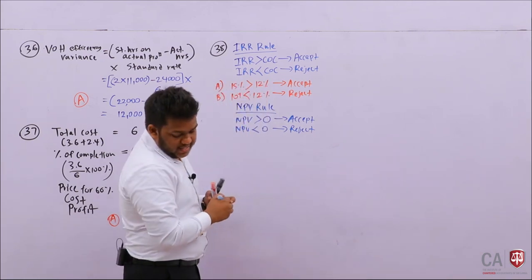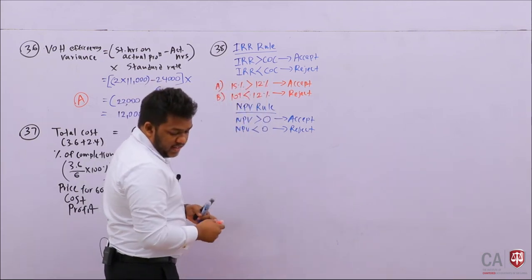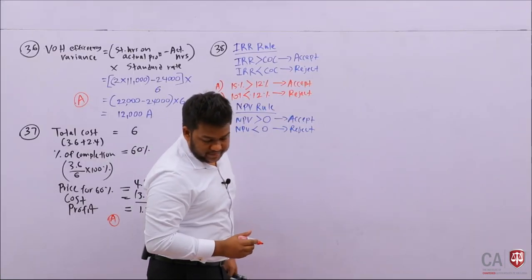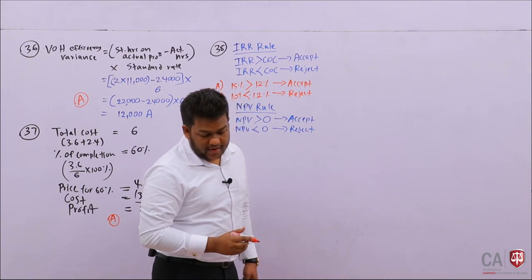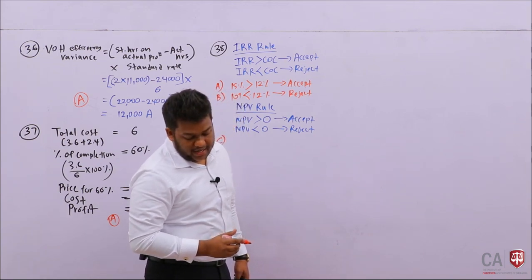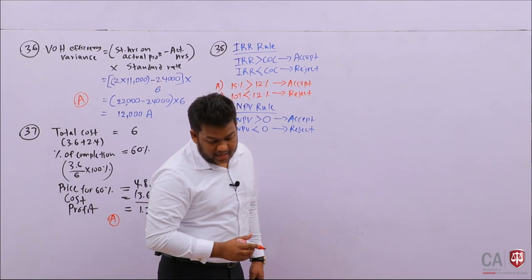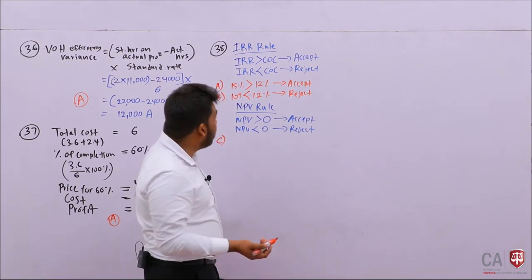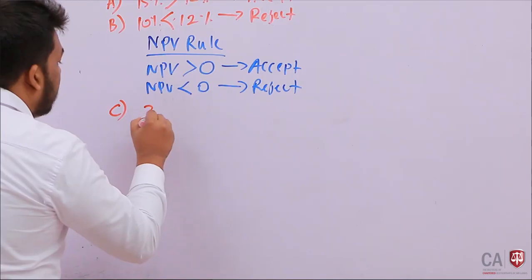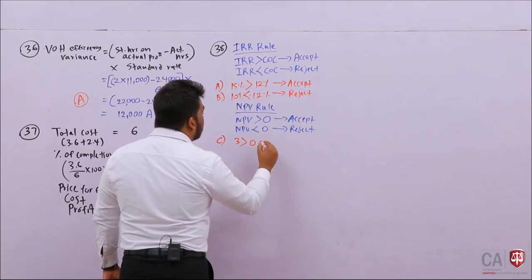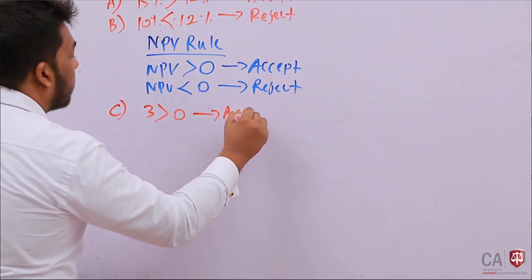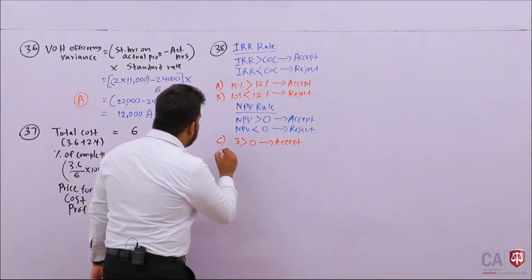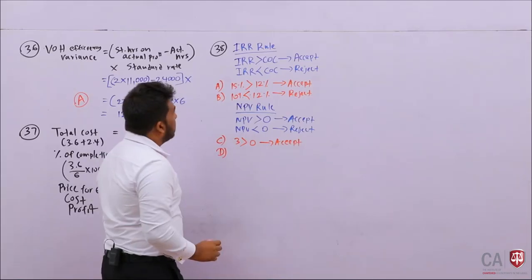So in this case, look at project C. Project C gives a present value of future cash inflows of 18 million. Initially how much is needed? 15 million. So NPV is 3 million. 3 million is higher than 0. This should be accepted. Then project D. Project D is what?